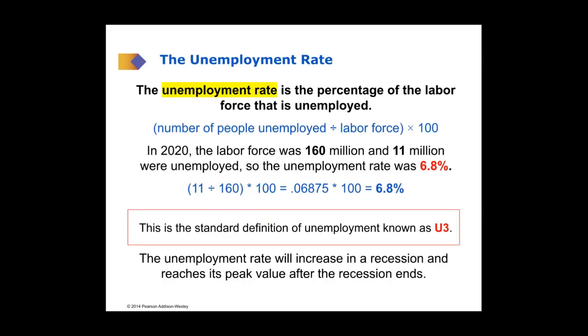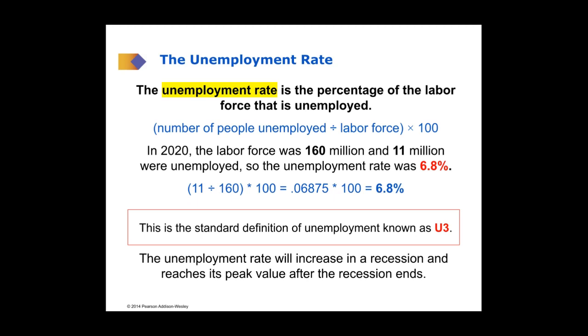So the unemployment rate is the percentage of the labor force that is unemployed. So the denominator is the labor force, and the numerator is the people who are unemployed. And again, that's that 11 million people unemployed divided by the labor force of 160, it's 6.8%. So this is the standard definition of unemployment.